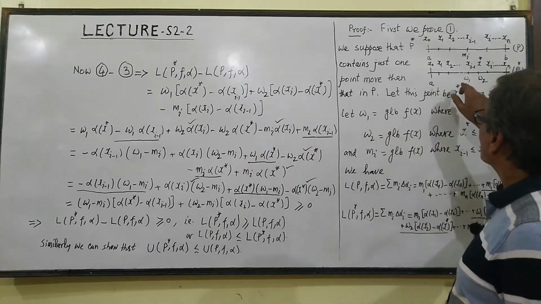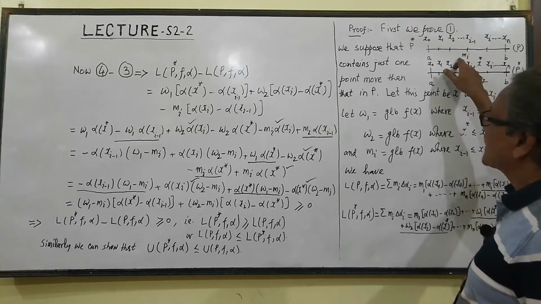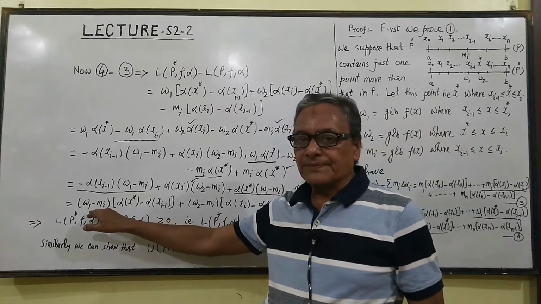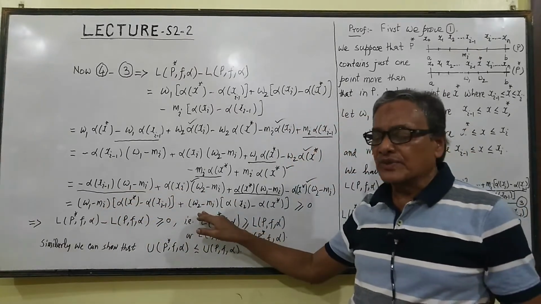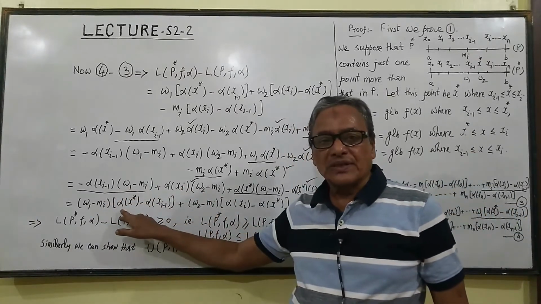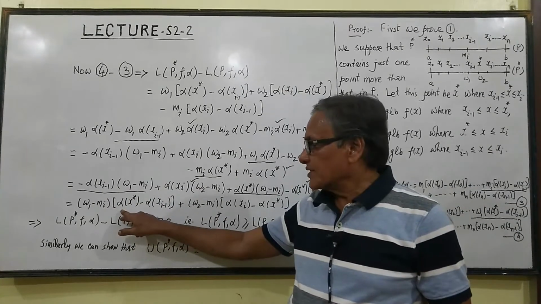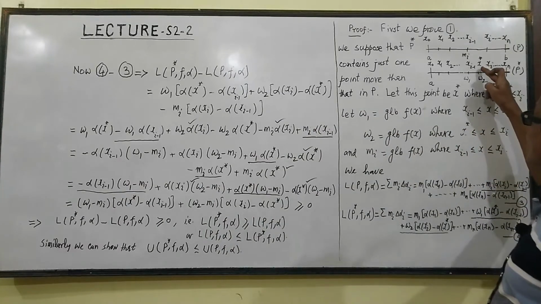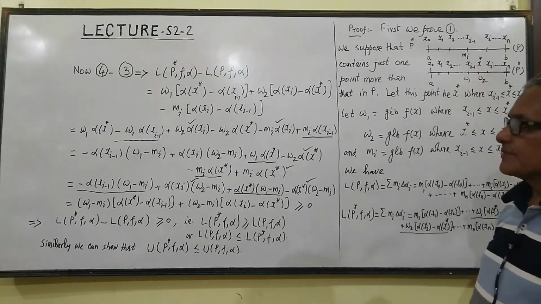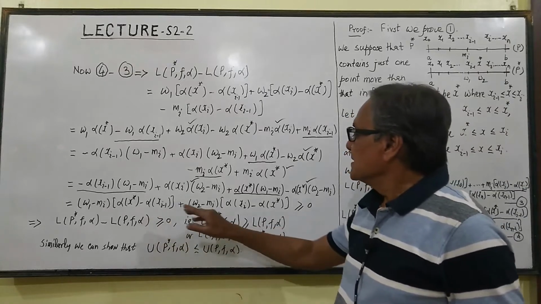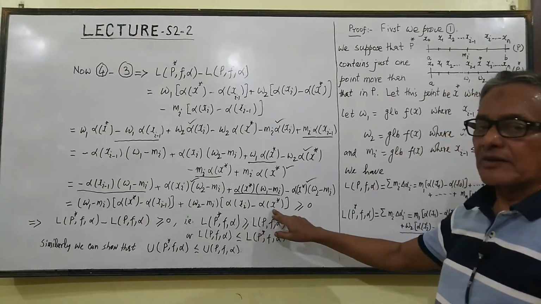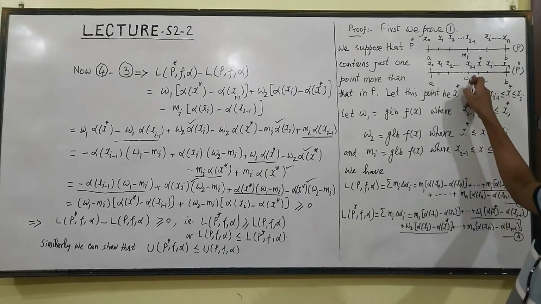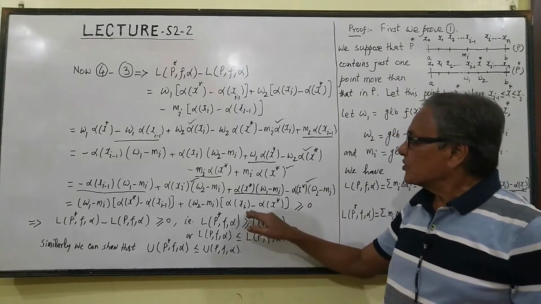Because both W1 and W2 are greater than or equal to mi, W1 minus mi will be positive, W2 minus mi will be positive. Alpha being a monotonically increasing function, alpha x star will be greater than alpha xi minus 1, so this is positive, and alpha xi will be greater than alpha x star. So this expression is also positive.